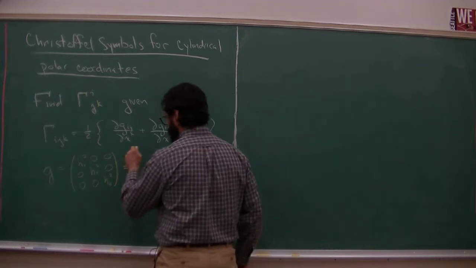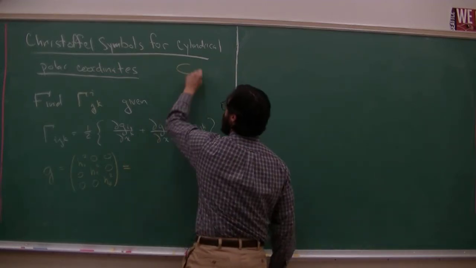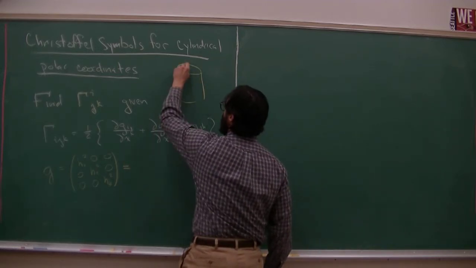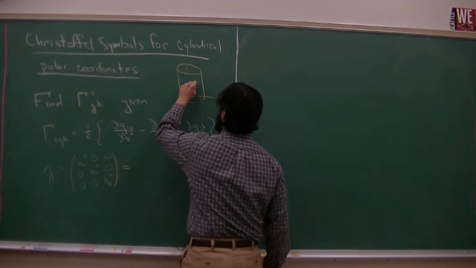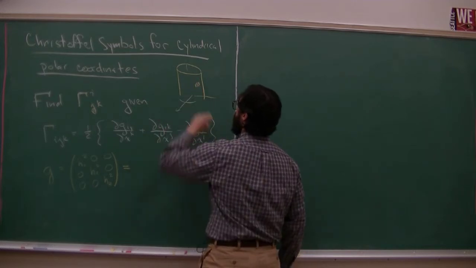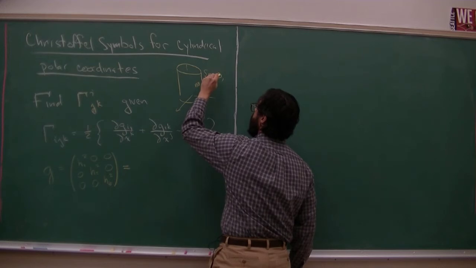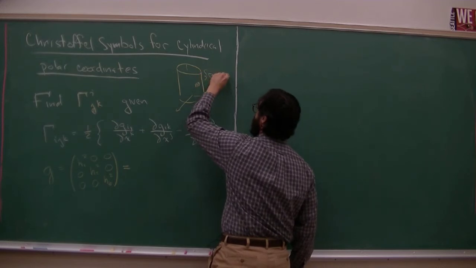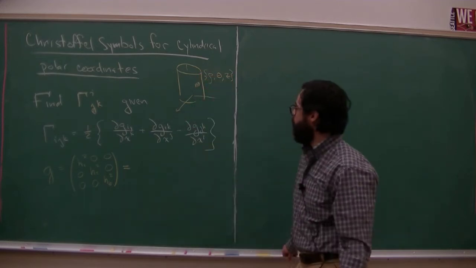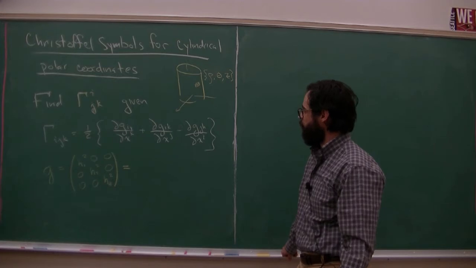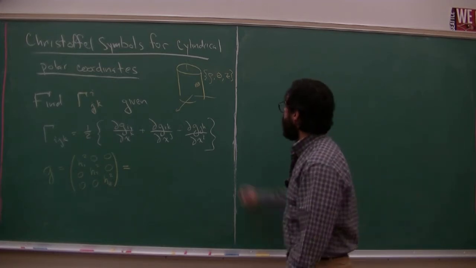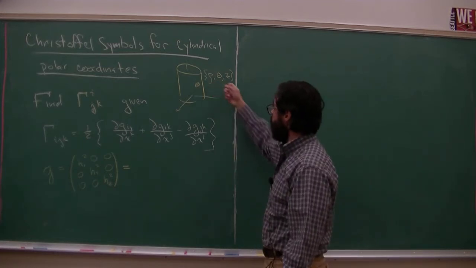So for cylindrical polar coordinates, I have, we'll call them rho, theta, and z. You guys probably used phi because that's what I've been using all quarter. I don't know why I'm changing the notation on you now, but there it is. So rho, theta, z.